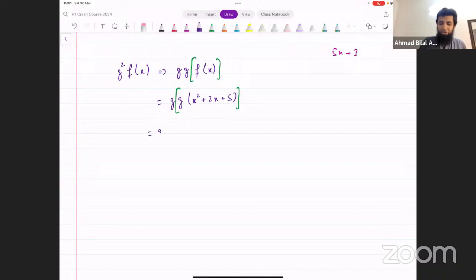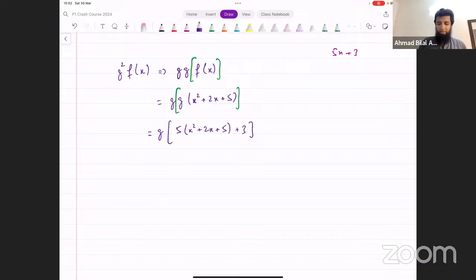And that outer g remains as it is. Inside now, we're saying, instead of this x, input this thing. What does that give you? 5 into (x squared plus 2x plus 5) plus 3. This is what we get inside.